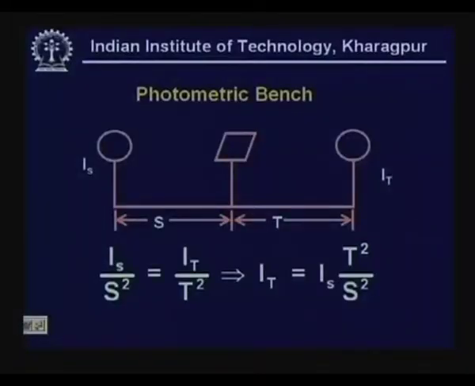Alternatively, I keep the position of the standard lamp and the photometric head fixed, but vary the position of the test lamp. A third way of doing it could be to keep the position of the test lamp and standard lamp fixed, but move the photometric head and thereby get the value of S and T. That will give us the thing.